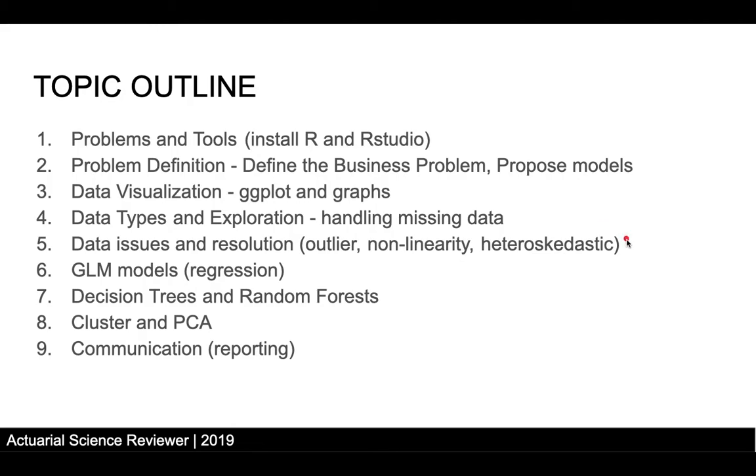Number five, you have to be able to discuss data issues and resolution, like outliers, nonlinearity, heteroscedasticity, and maybe normalizing your data. Number six, the basic models like the general linear model, like linear regression or logistic regression. Number seven, decision trees and random forests.